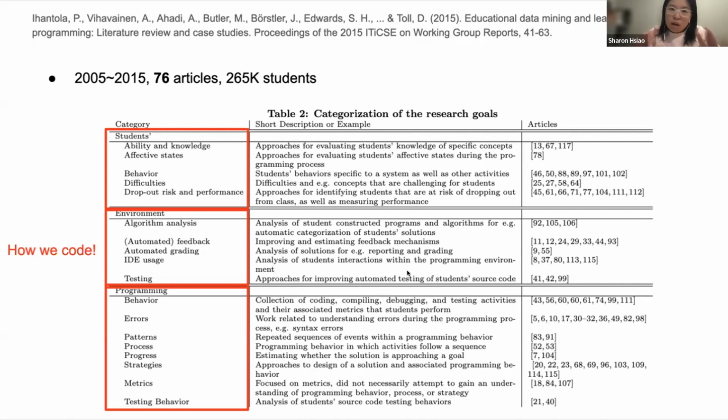The only thing that I look at differently is that I find such categorizations focus more on how we code, right? This takes the software engineering perspective: how users use the tools, how they interact with the tools, right? So it focuses on the environments, the tools, and anything in between.